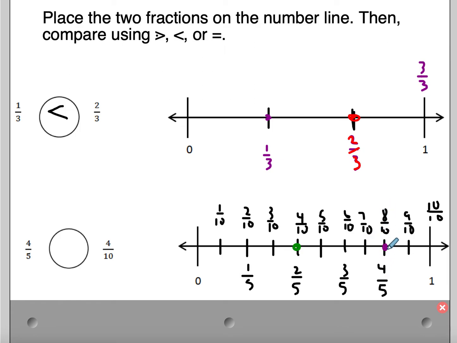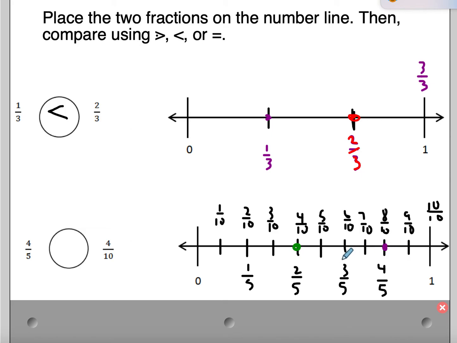So I can see that 4/5 is greater. It's further along the number line from 0. 2/5 is less space. So even though they both have 4 as their numerator, 4 jumps in tenths, since the pieces are so much smaller, it's less than 4/5.